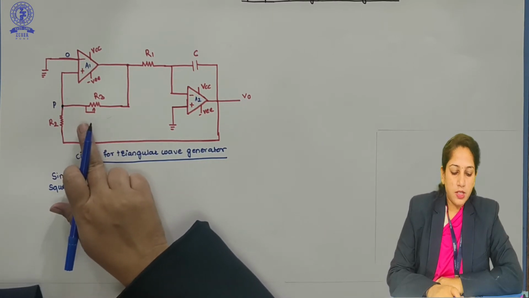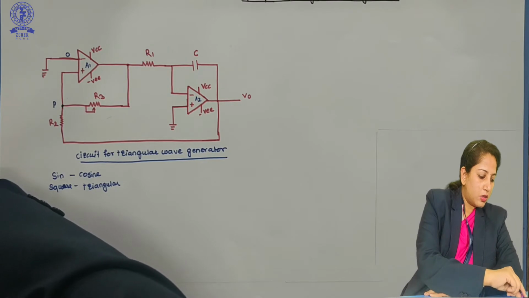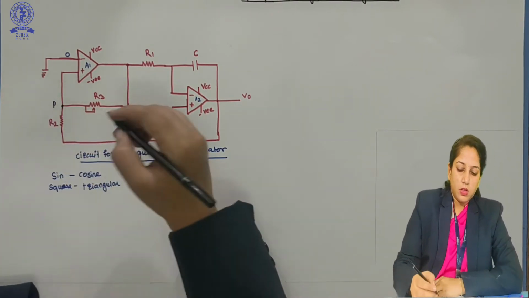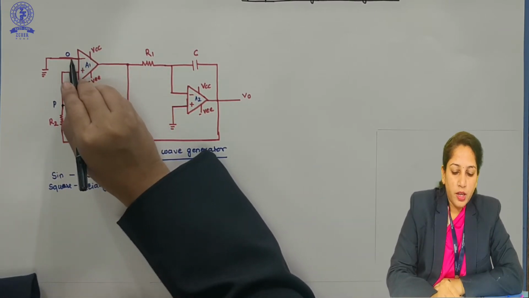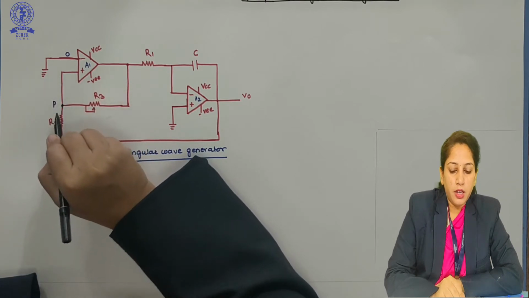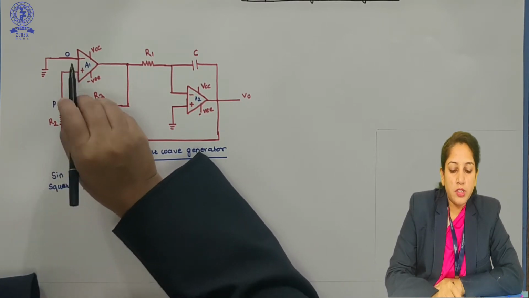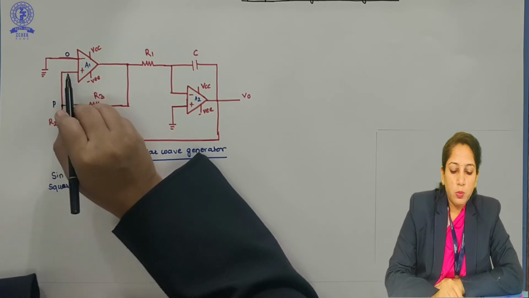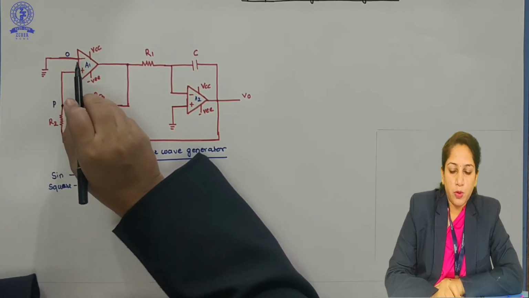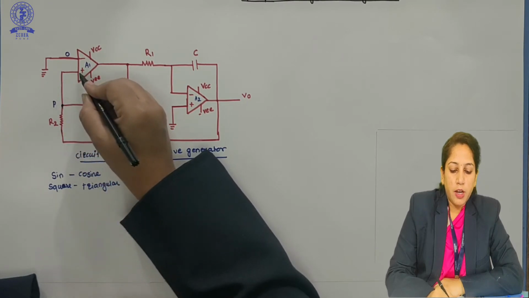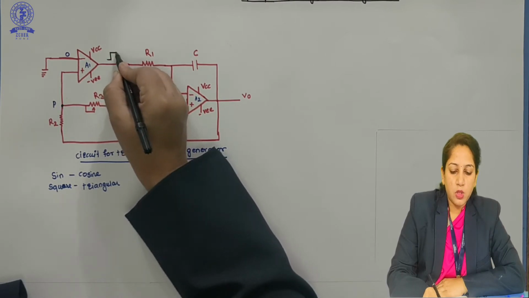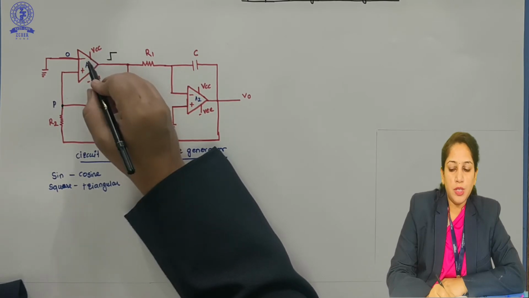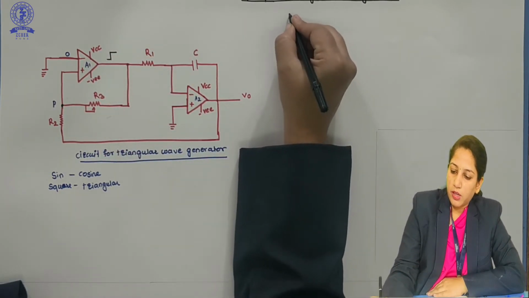So first of all we will see one by one. Now at this point P, suppose here is 0 volt, and on this non-inverting terminal I have got more voltage than on the inverting terminal. More voltage means it should be more than 0 volt, some positive volt. So at this point P, if I have got more voltage, then at the output side I will get a positive square wave, equal to plus V saturation. Suppose I draw a diagram here.